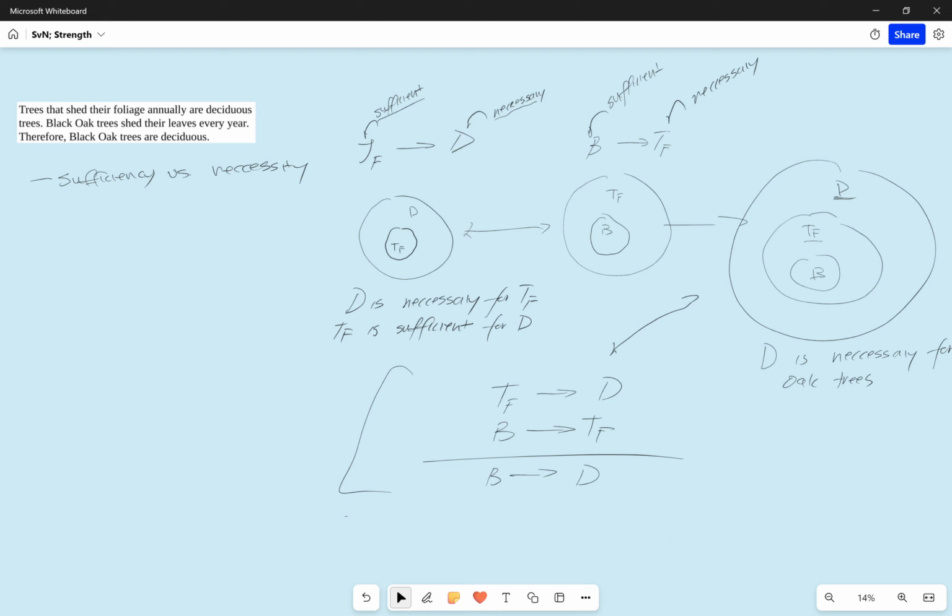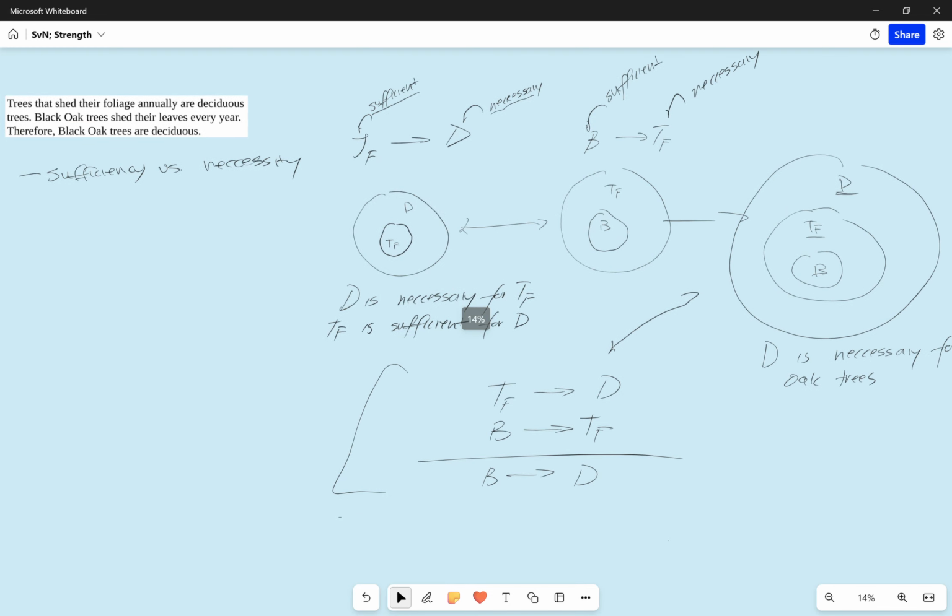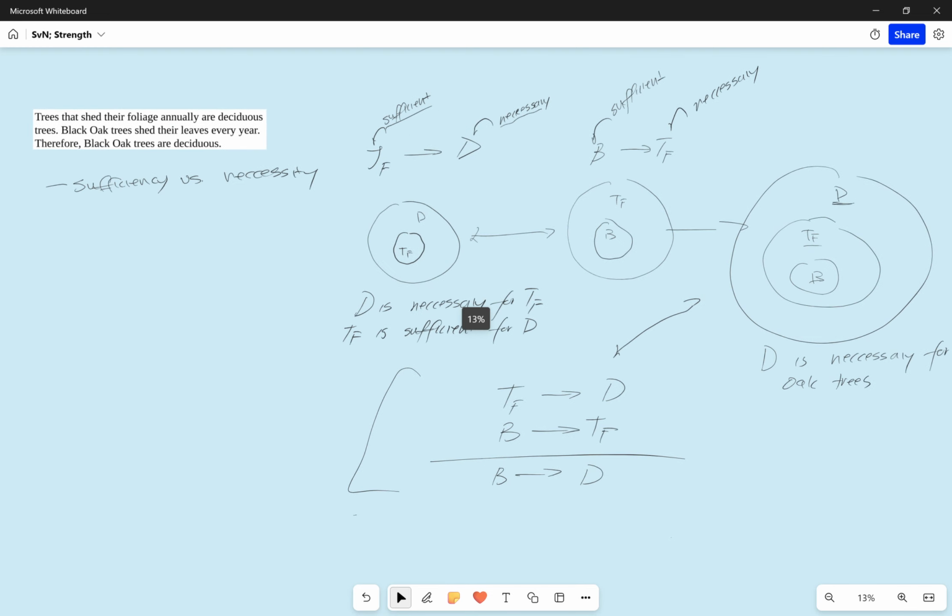I think this is a pretty cool way to physically show, and not just mentally or intuitively understand, why this is a strong argument. So that's all I have, and understanding the importance of sufficiency and necessity is important. And please correct me if I'm wrong.